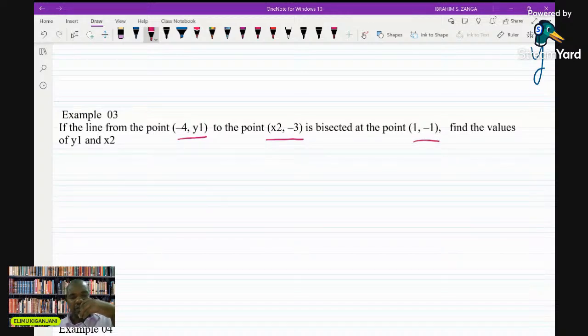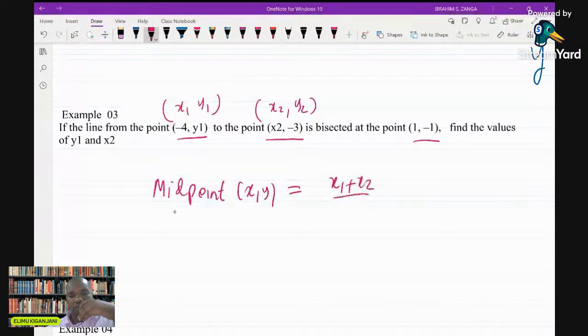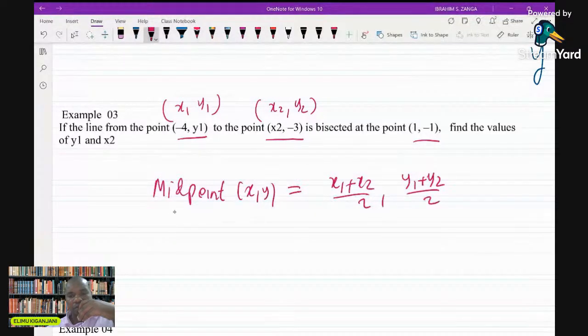So assuming that this is x1, y1, and this is going to be x2, y2, so we know that the midpoint x, comma y is x1 plus x2 over 2, comma y1 plus y2 over 2.